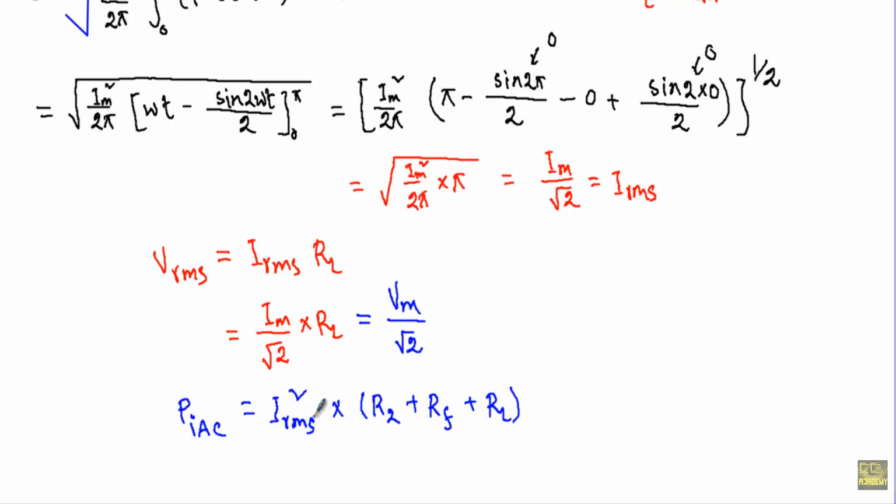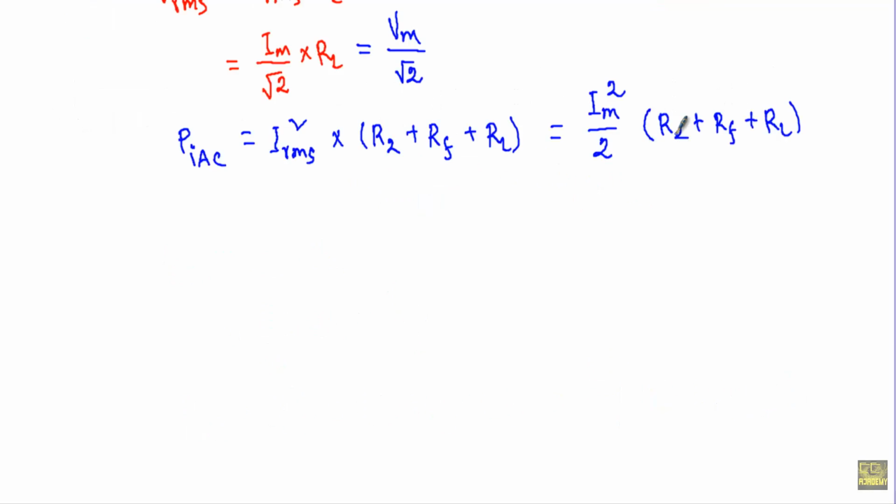Now IRMS indicates Im divided by root 2. So here I will get Im square divided by 2, multiplied by R2 plus RF plus RL. The secondary winding resistance R2 and the forward resistance of the diode are very small.